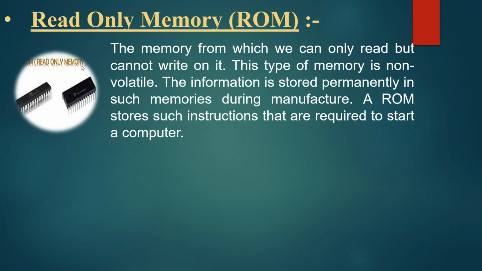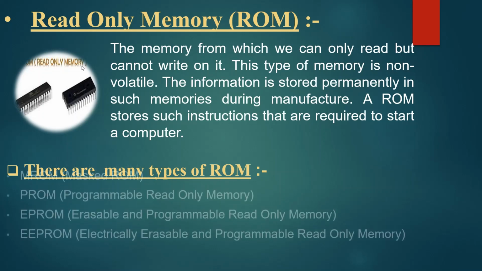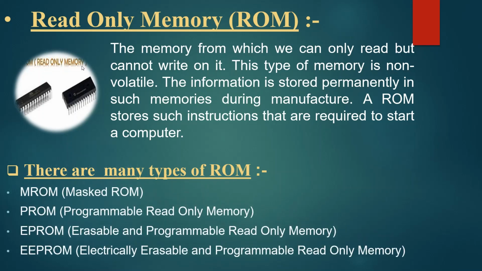ROM chips are not only used in computers but also in other electronic items, such as washing machines, microwave ovens, etc. There are many types of ROM: masked ROM, programmable read-only memory, erasable and programmable read-only memory, electrically erasable and programmable read-only memory.